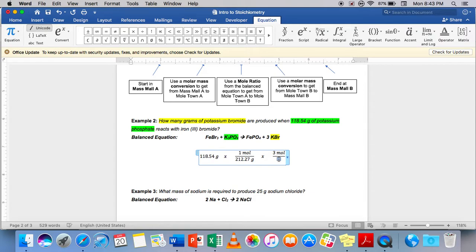So I look at my K3PO4 and what number is in front? There's nothing there, which indicates that it's a 1. So we have a 3-to-1 ratio. That 3-to-1 ratio comes from the balanced chemical equation, from the coefficients. That was my mole ratio. That was my next step.